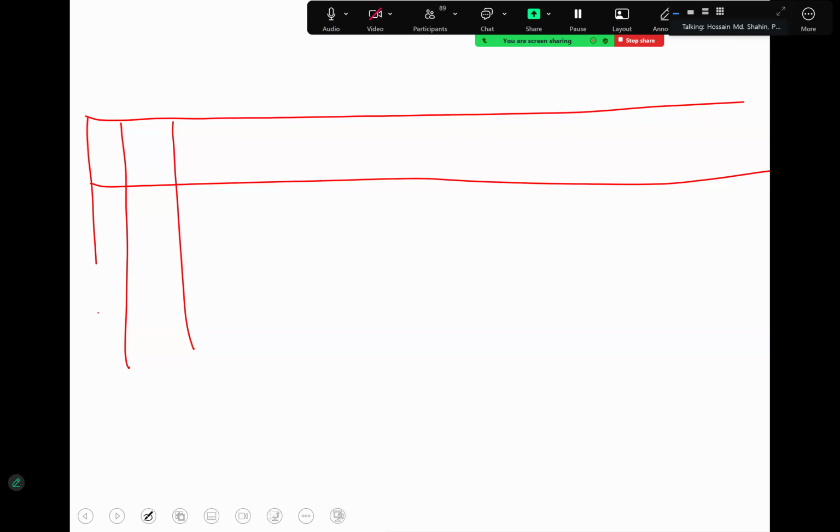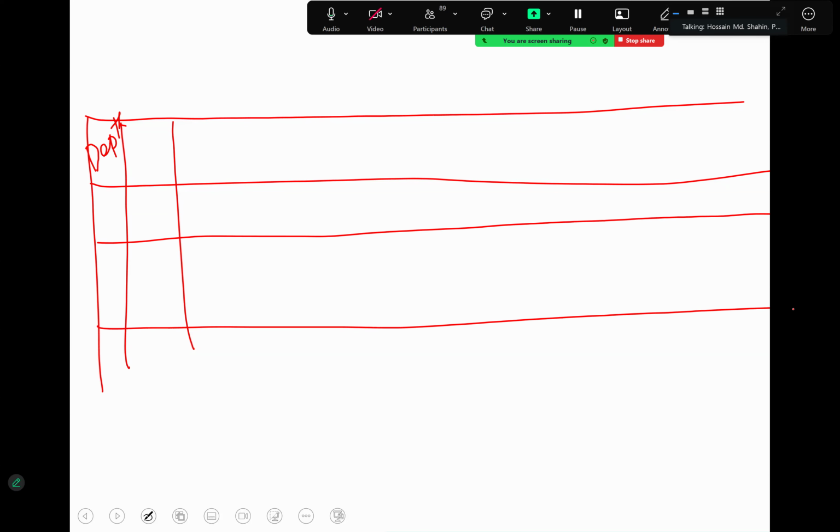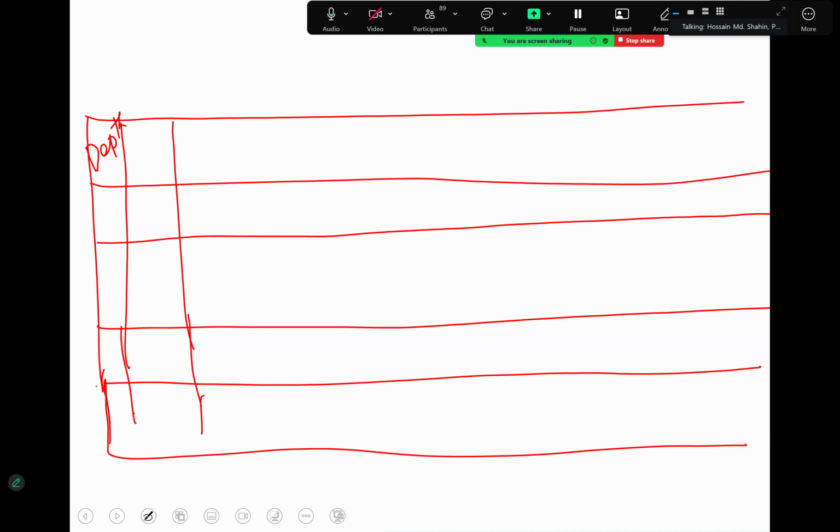One by one. Say this is depth. You divide this part into some layers, 10 layers, 5 layers, or whatever, depending on your soil test. If it is more than 50, then there will be one layer here, say SPT N value for the 50.